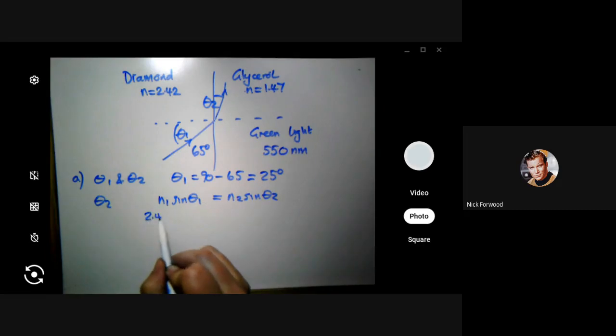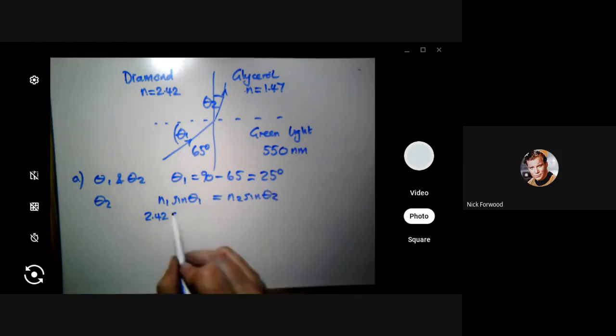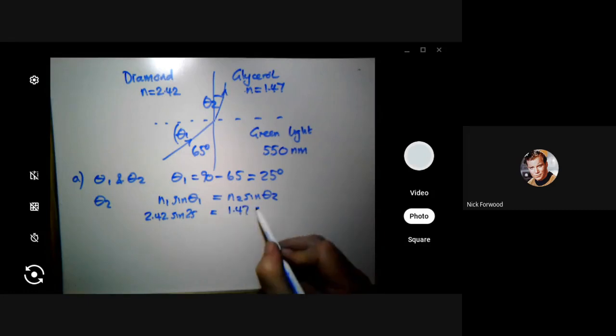Then I can put all the numbers in. 2.42 times sine theta 1, we've just worked out that that is 25 degrees, so it's sine of 25, is equal to n2, 1.47, times sine theta 2. I'm going to rewrite that.